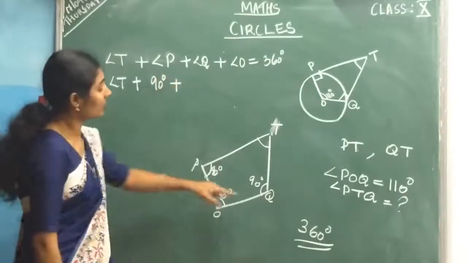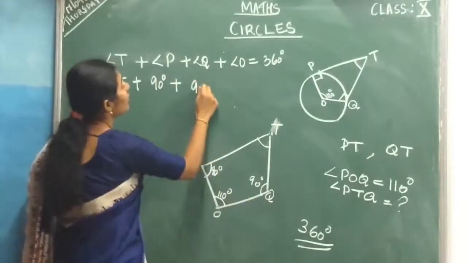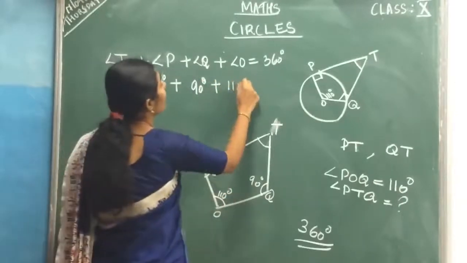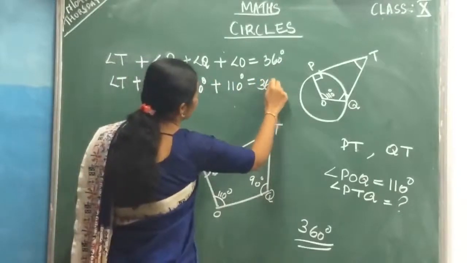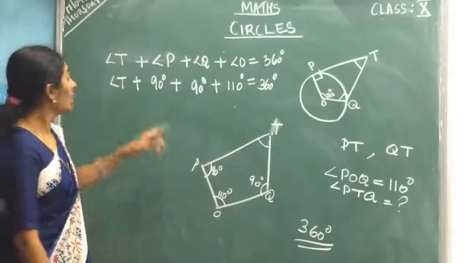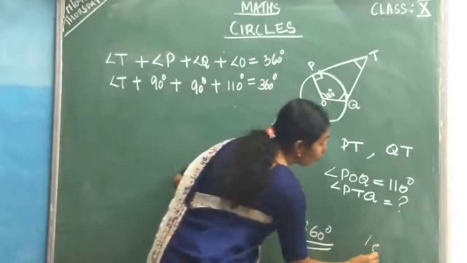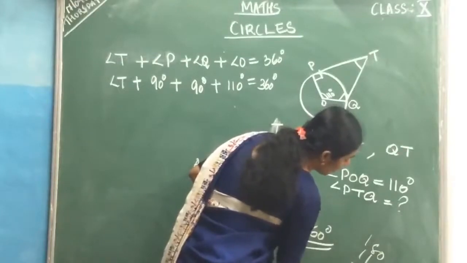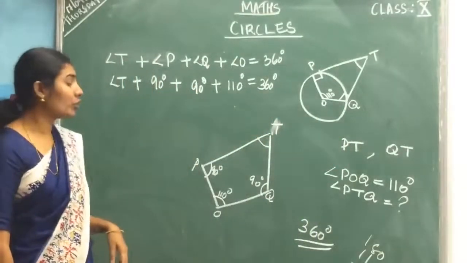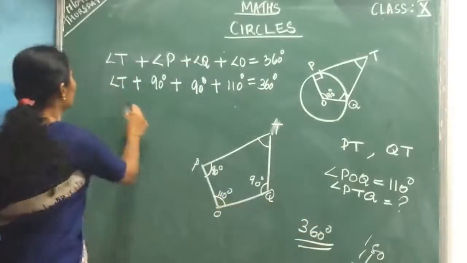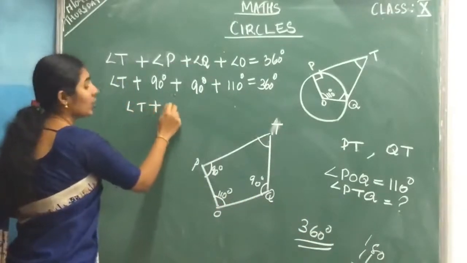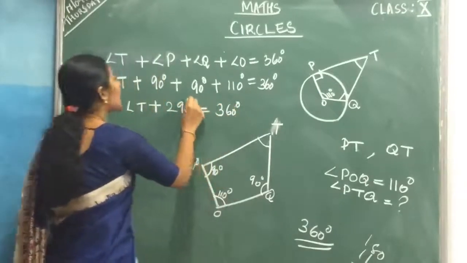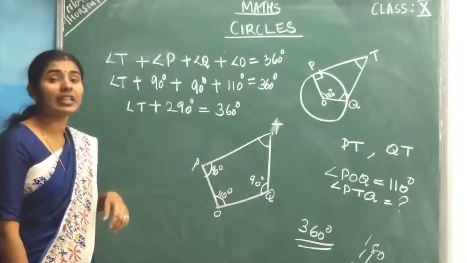Angle Q is 90 degree. Angle O is 110 degree, equal to 360. Now add these three angles: 90 plus 90, 180. 180 plus 110, you will get 290. So angle T plus 290 equal to 360 degree.